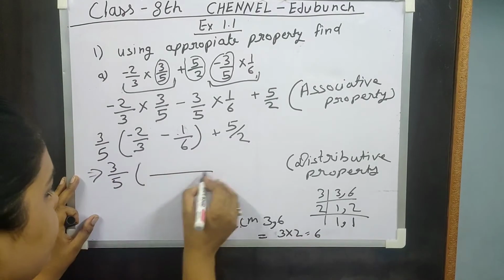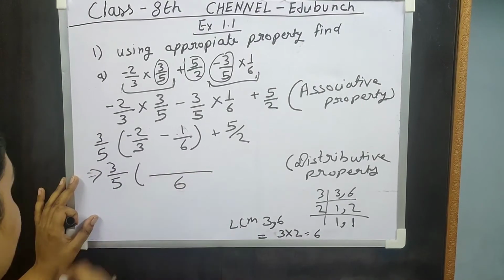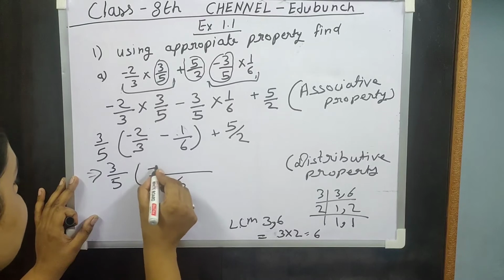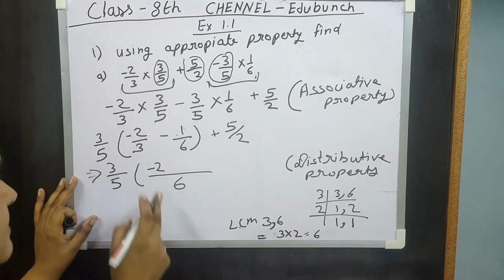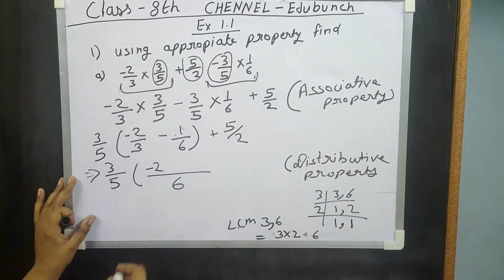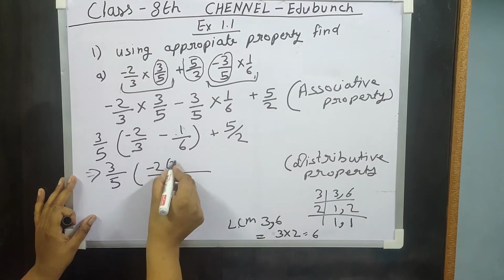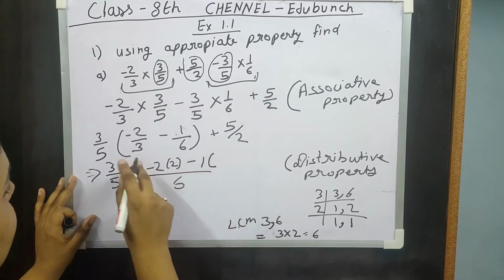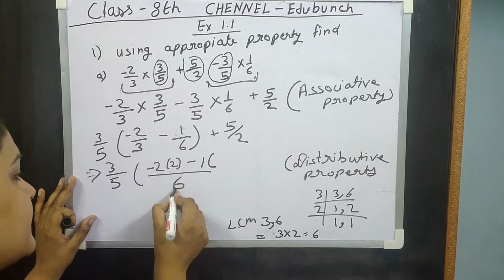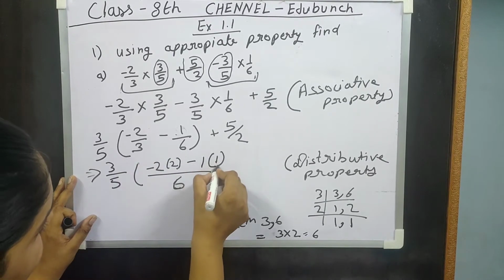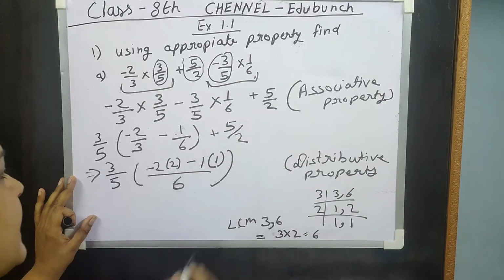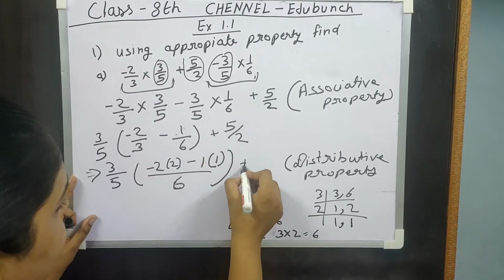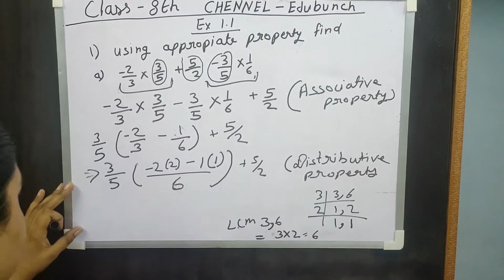So we write 6 as the denominator for both. Here minus 2, because 6 comes the second time in the table of 3, so we multiply this digit with 2, and here 1. And because in the table of 6 it comes the 1st time, here we are multiplying 1 with 1, plus 5 upon 2.